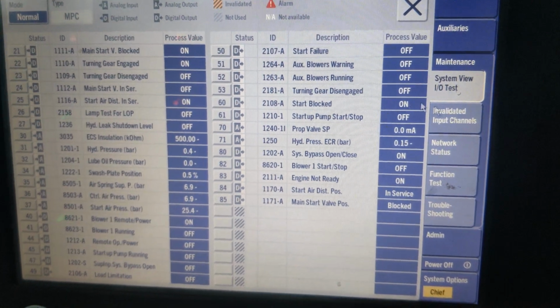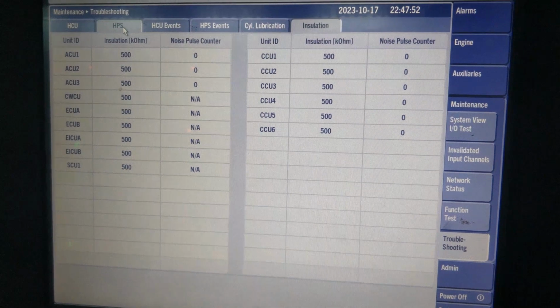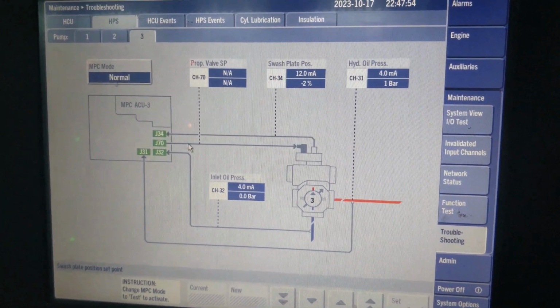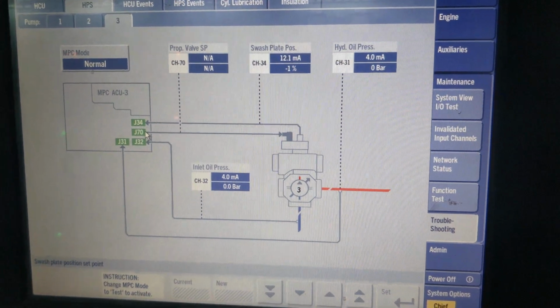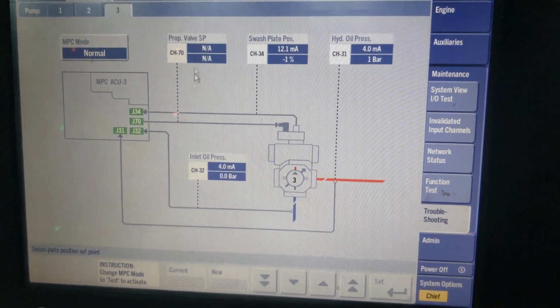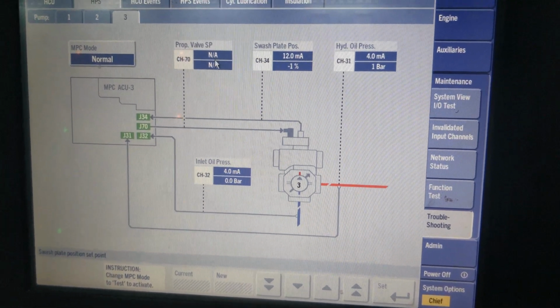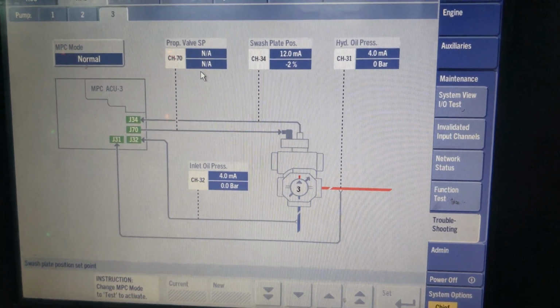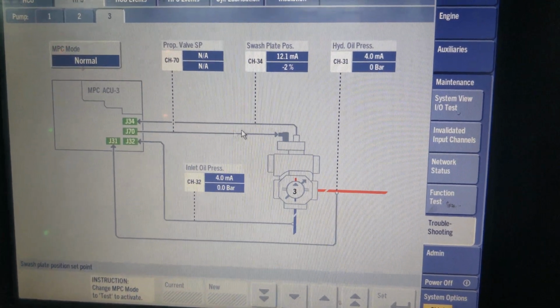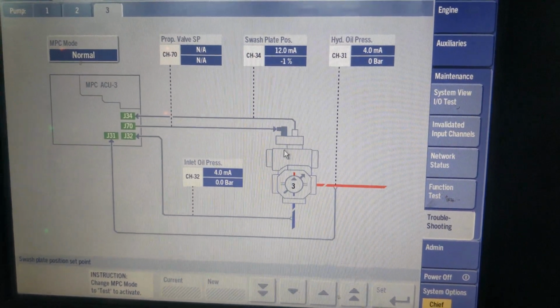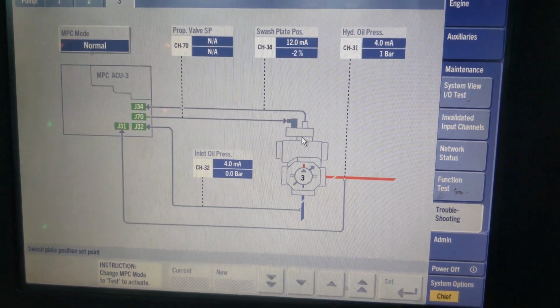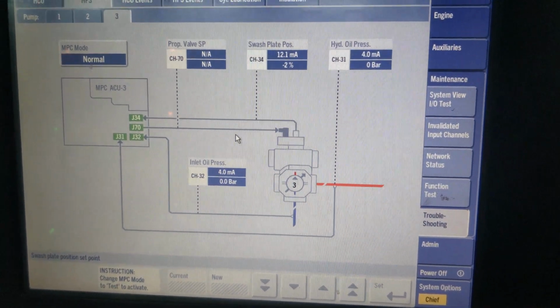In troubleshooting, if you go to HPS, you can see the same channel 70 which I showed you in the previous screen, the analog output screen. It is giving an analog signal. This is going to energize the solenoid of the proportional valve fitted to the HPS, which alters the stroke as per this signal.